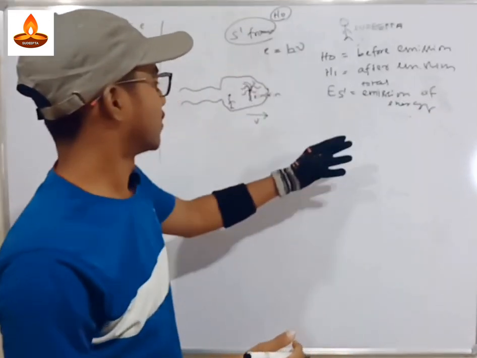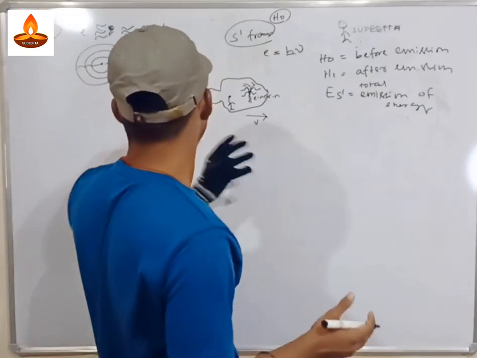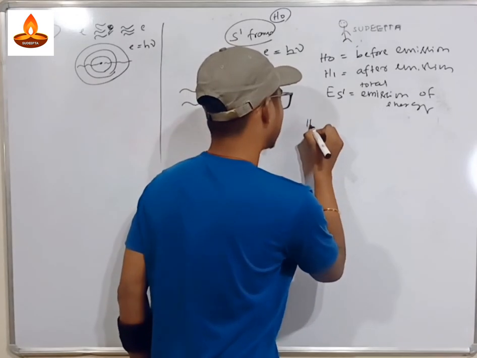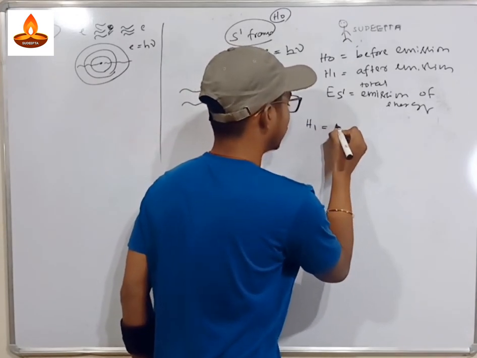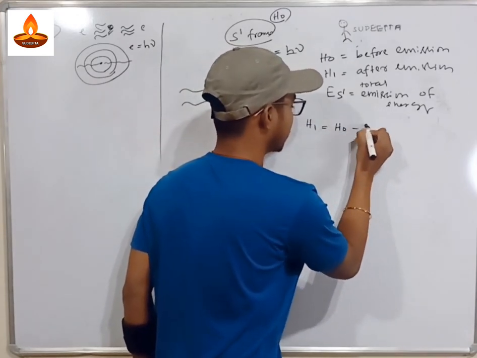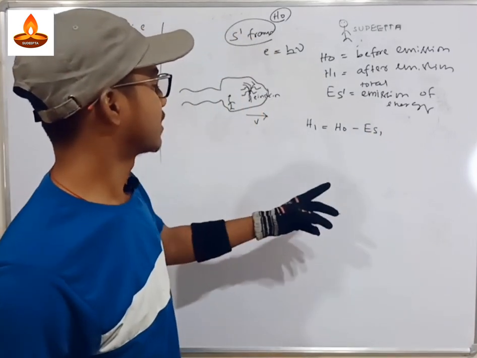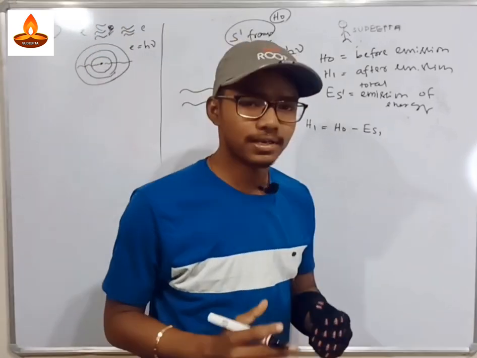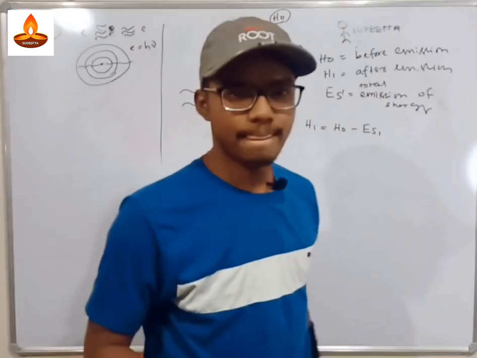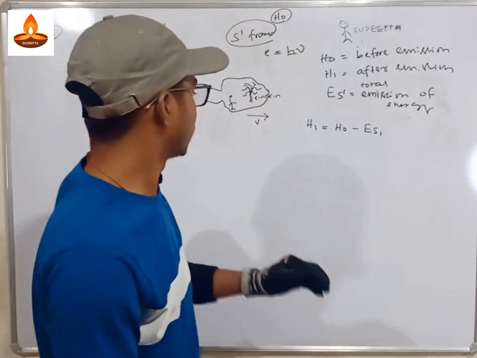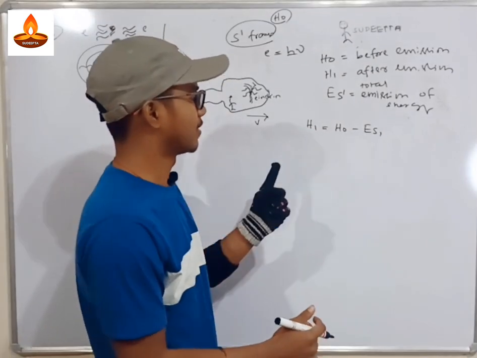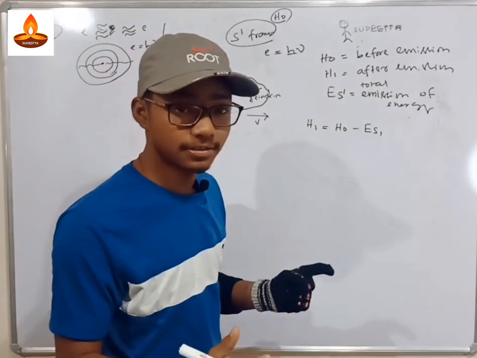So what will be the relation? The relation will be simple: H1 is equal to H naught minus E S dash. So we have to find what is E S dash, that is, the total energy emission.